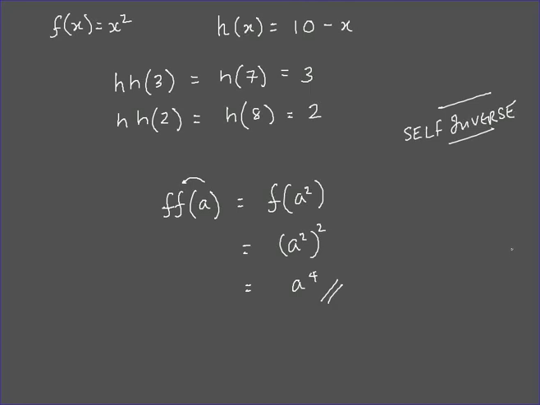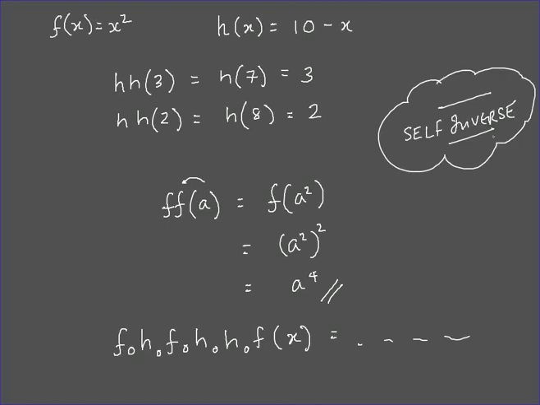Definitely not self-inverse there, but f of f, and of course we can do any combination of functions we wish, and you'll be glad to know that we're not going to do that, but of course as many functions as we wish to compose. The following tutorial will deal a little bit more with inverse functions, and we'll touch upon self-inverse functions and bring back to us this idea of domain and range.